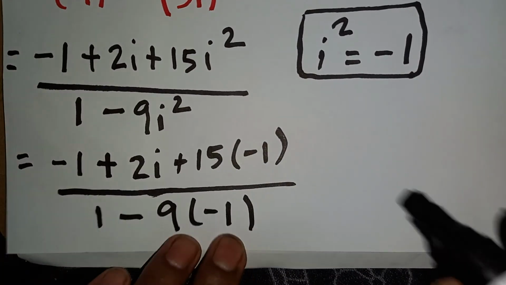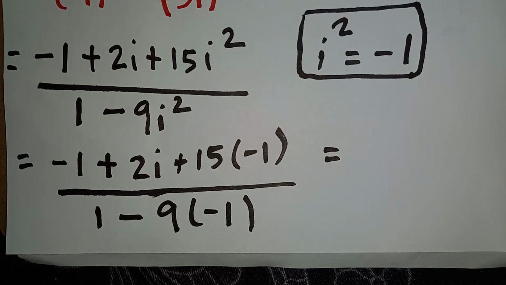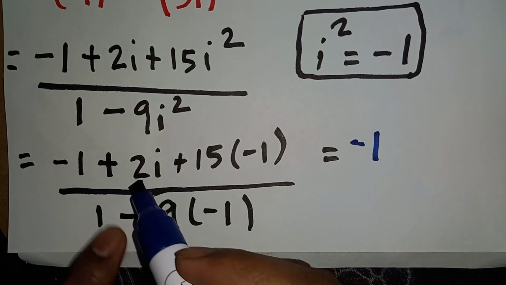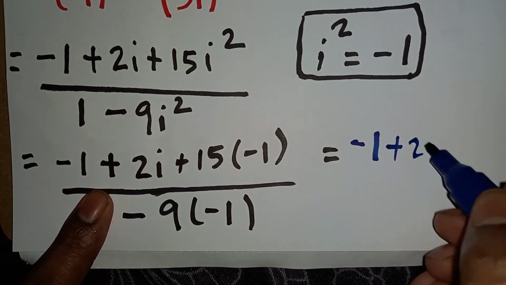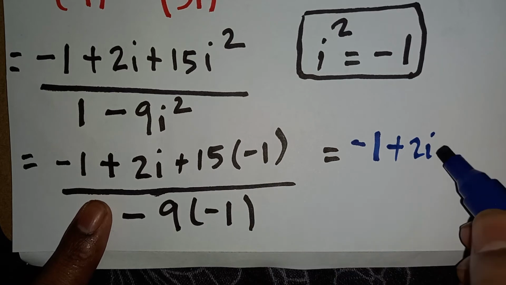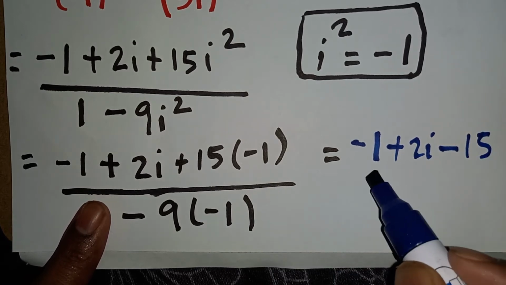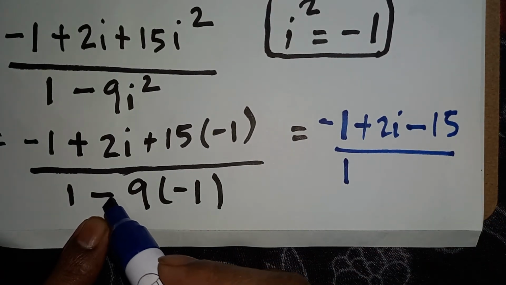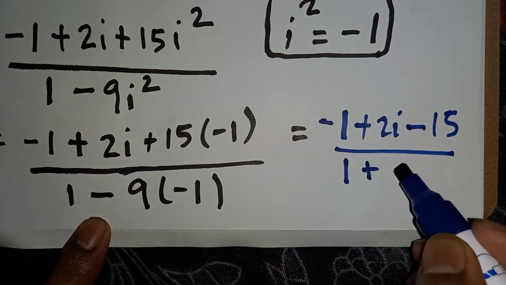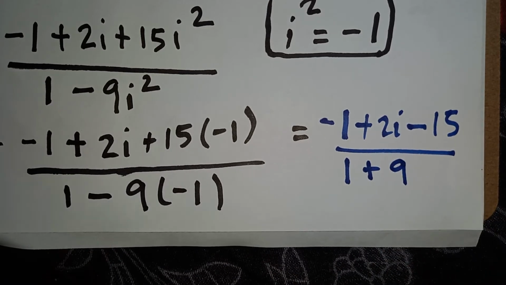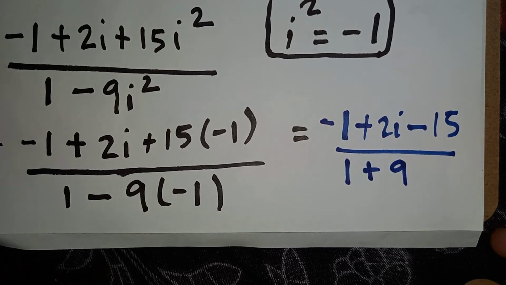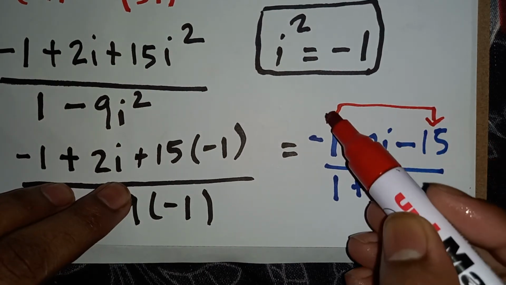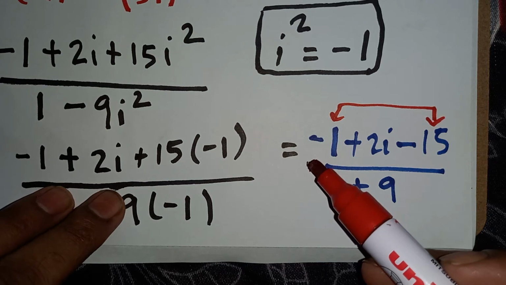We will have this side as minus 1 plus 2i, and 15 times negative 1 will be minus 15, over 1, this minus and this will become plus. From there we can take these two, because these two are like terms.